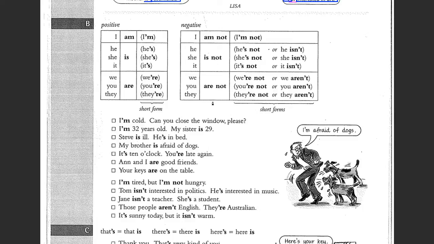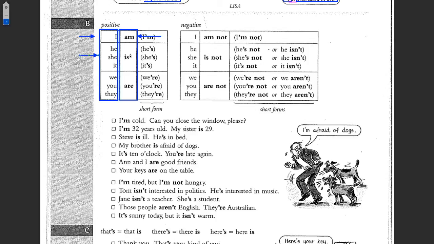The other part of the program is part B. Part B is telling you how to use it. According to the rules of grammar, different subjects use different verb to be when it is in present tense. For example, I should use am.